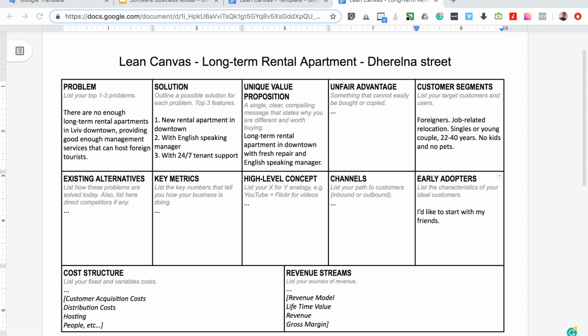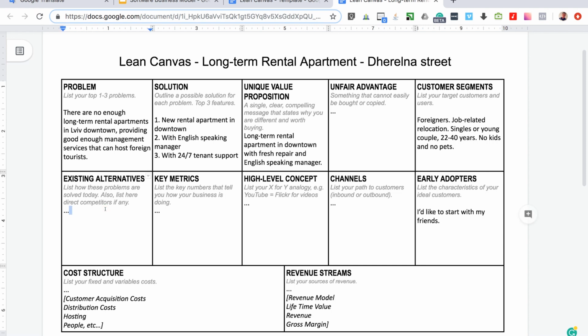What alternatives did we have at that time in Lviv? This block here. At that time, we didn't have enough similar apartments with this kind of service, and the only 2 alternatives were expensive hotels or rental apartments with zero assistance. So I was in a sort of sweet spot and it worked pretty well. I rented out my apartment at a premium price and pretty fast.